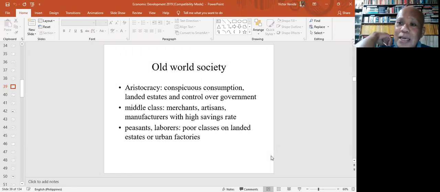So in this way, they pay their rent to the lords, and the aristocrats are able to gather their earnings, which are rentals of the estates.